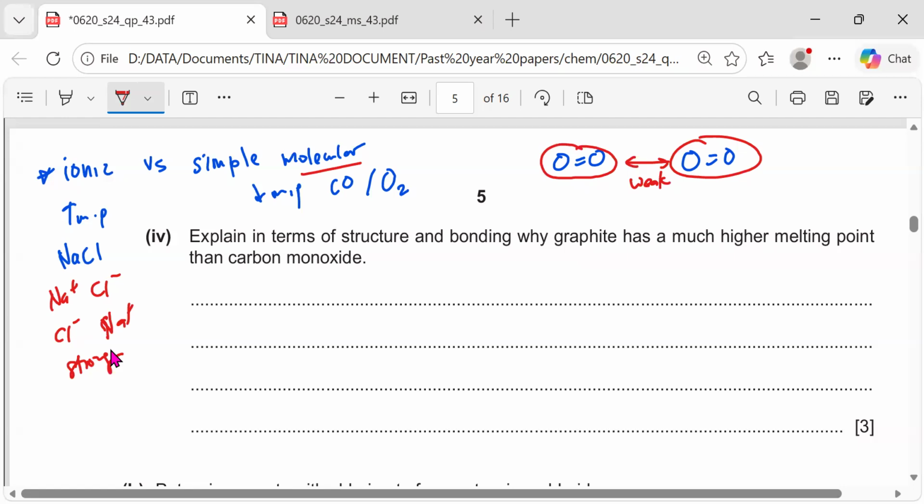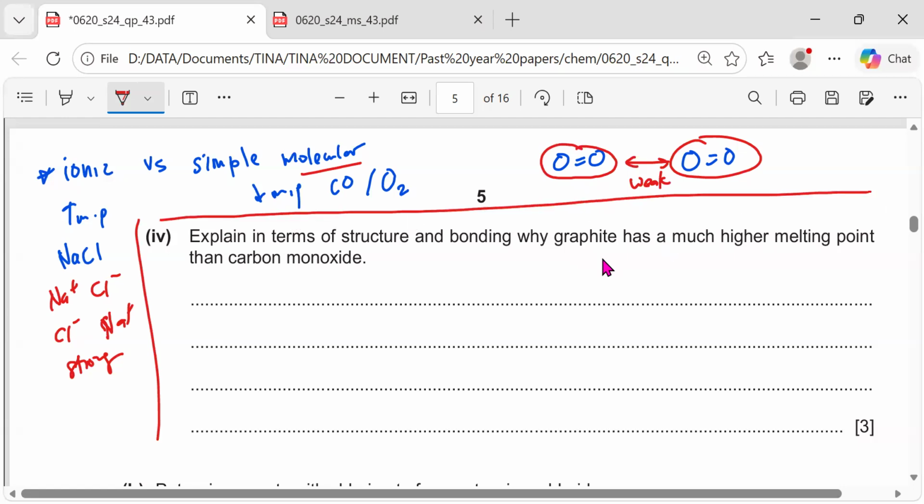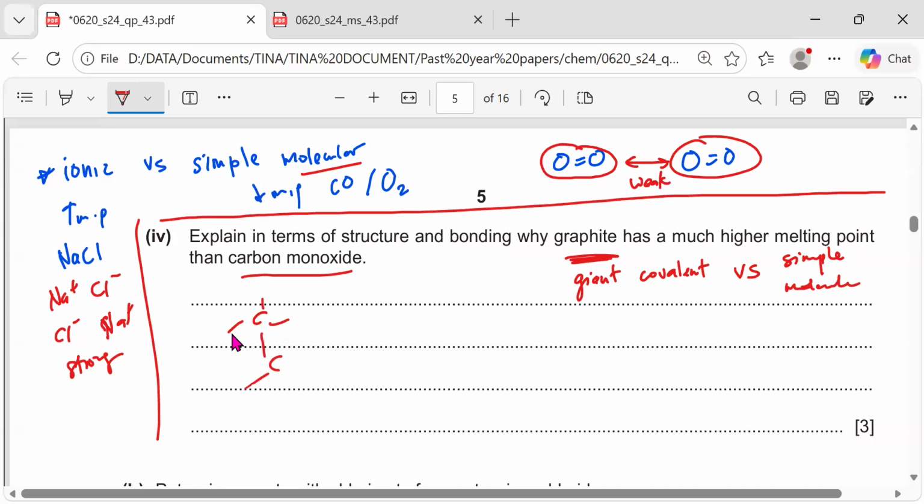That is for one type of question. Another way they can ask you is graphite, which is giant covalent, versus carbon monoxide, which is simple molecular. Are they both covalent? Yes, but for graphite it just goes on and on, so when you boil, there's no molecule for you to separate.